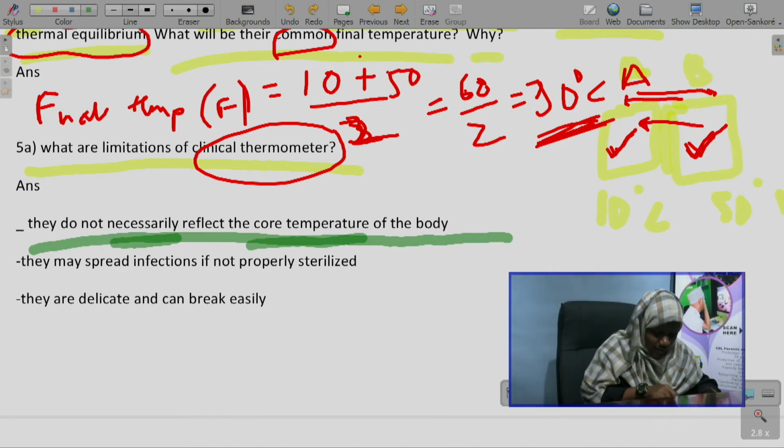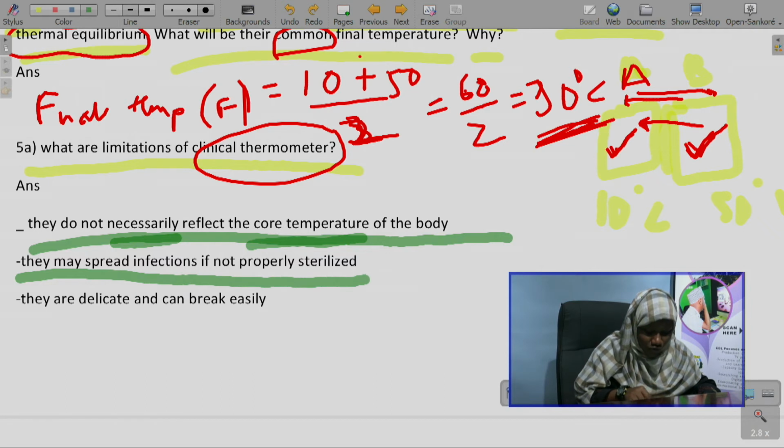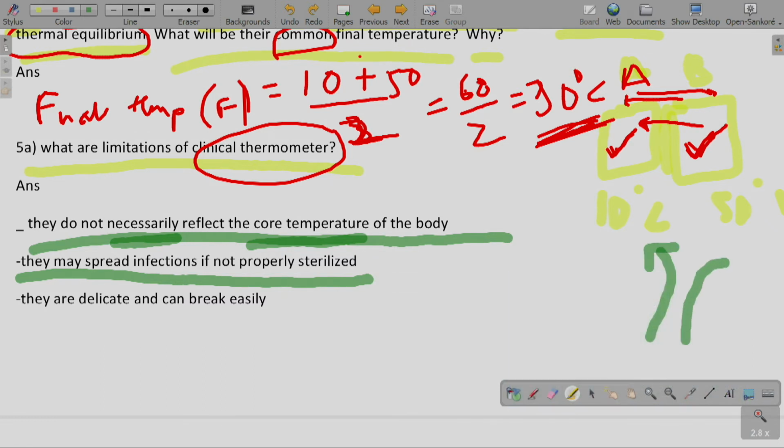The second one, they may spread infections if not properly sterilized. If you are using the clinical thermometer on, let's say, a patient, and then you use the same thermometer on another patient, if you have not properly sterilized it, then it may spread infection from the first person to the other.